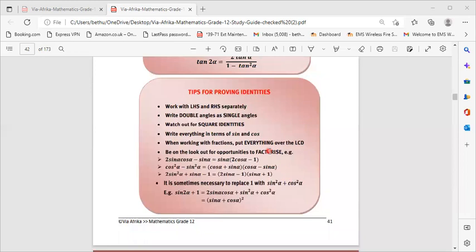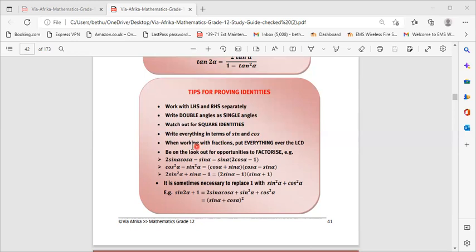Number 1, work with your left-hand side and right-hand side separately. Number 2, write double angles as single angles. Number 3, watch out for square identities. Number 4, write everything in terms of sine and cos.